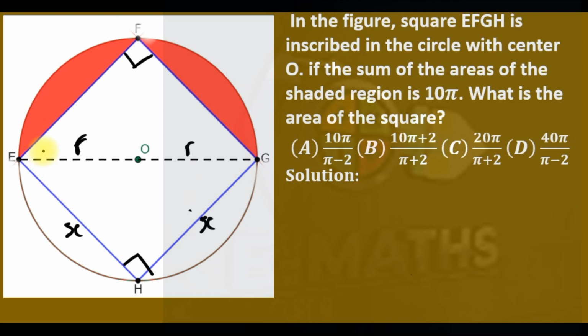So we now have a right triangle, a 45, 45, 90 triangle, because this should be 45 degrees, this is 45, this is 45.